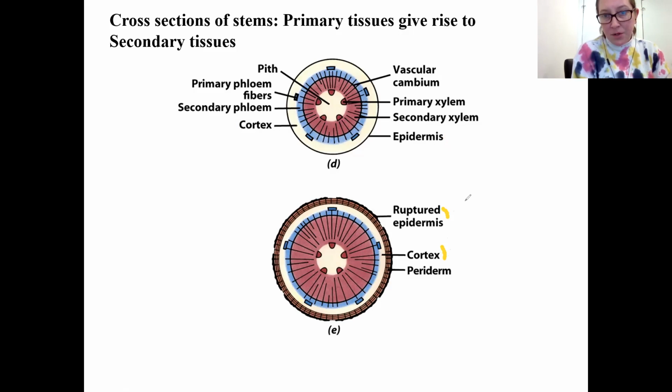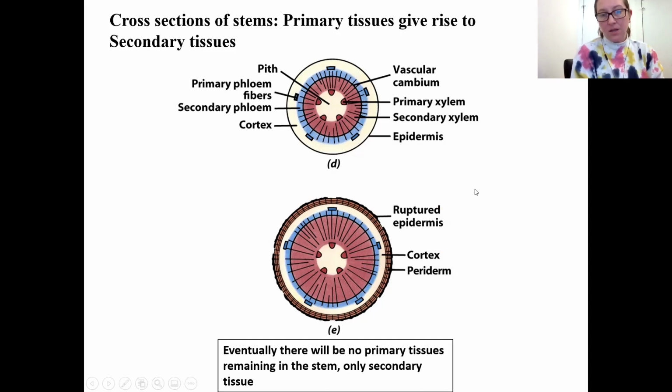And instead, we mostly see here the secondary xylem is the red stuff. So all this red stuff is the secondary xylem. Secondary phloem is the blue stuff, which we also see down here, which is secondary, right? It says it in the name. And then the phelloderm. So the point is, by the time you get to E, you're mostly dealing with secondary stuff.